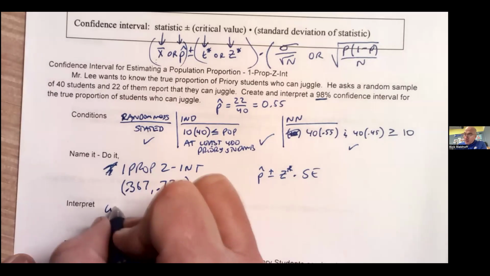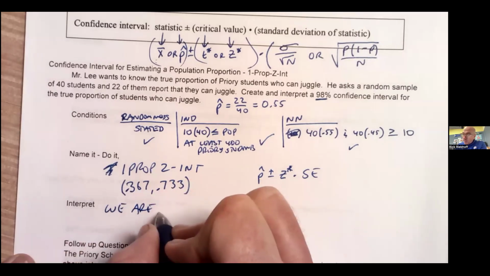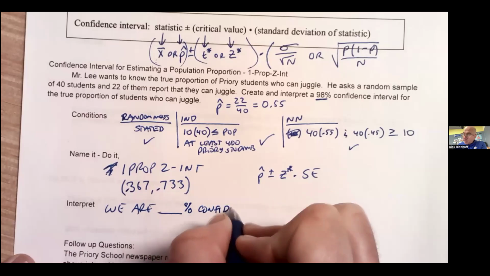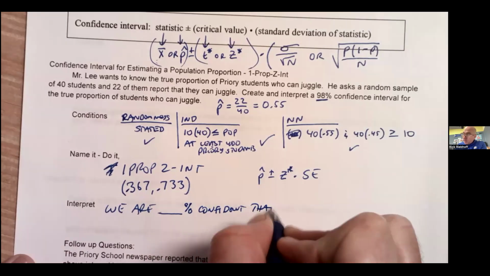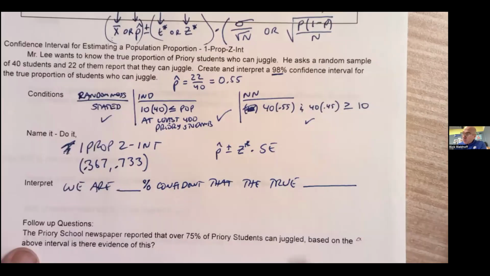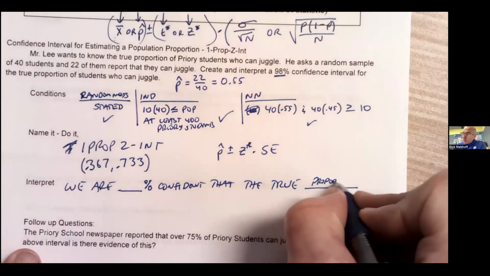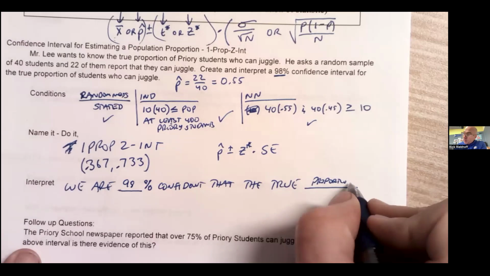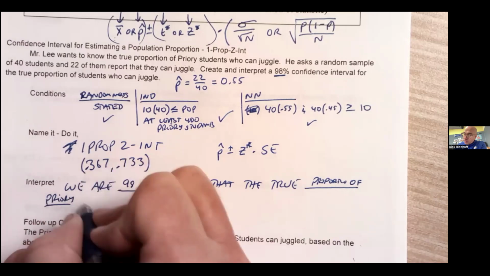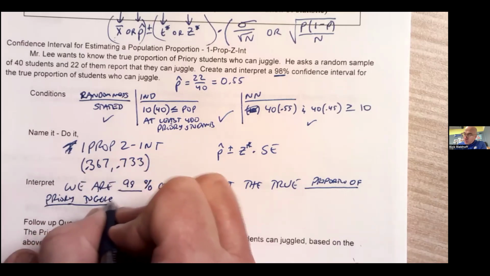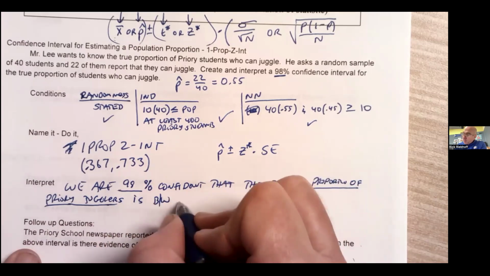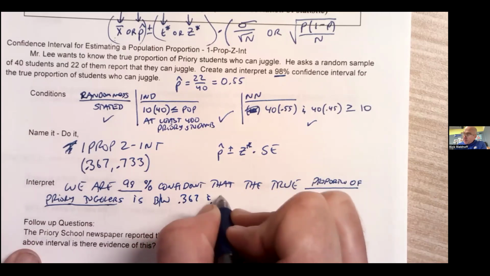Interpret this interval. Again, this should be memorized. We are 98% confident that the true proportion of Prairie jugglers is between 0.367 and 0.733.